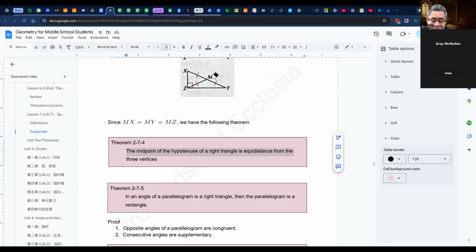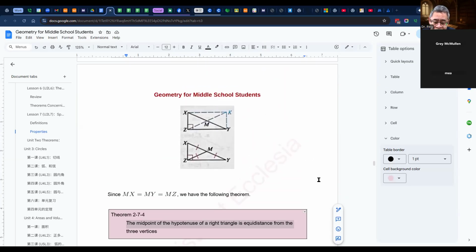To prove that one, we're going to use what we learned about a rectangle. Basically, we're going to draw a line parallel to YZ and draw a line KY parallel to XZ.